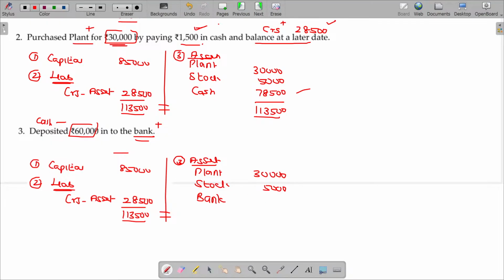We need a new account called bank. If I verify how much money I have in the bank, it shows 60,000, and my cash box shows only 18,500. Out of 78,500, 60,000 is deposited, balance is only 18,500. Also, asset is equivalent to capital plus liabilities, 1,13,500. Is that clear?